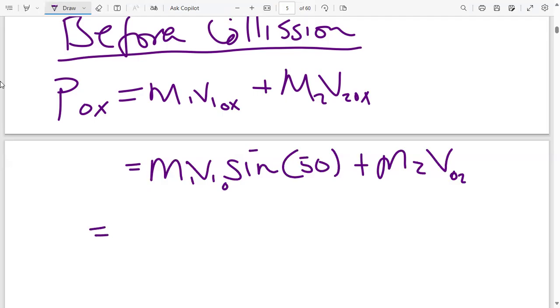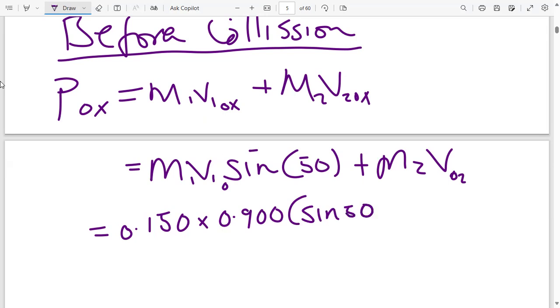So this is going to be equal to what? I'm going to say the mass of one, of which this is 0.150, multiplied by the v initial, which is 0.900, and this multiplied by sine 50, plus the mass of 2, which is 0.260, multiplied by the velocity of 2 in the x-axis, which is 0.540.